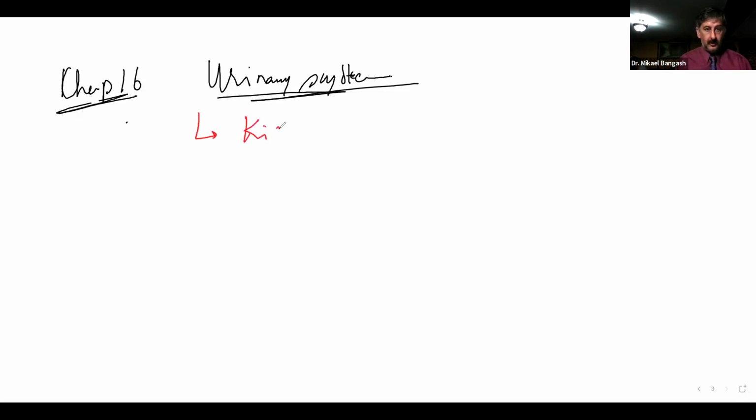It is going to be your kidneys. We have 2 kidneys. That's probably a little bit strong kidney. Sorry, I can draw that better. A left kidney and a right kidney.